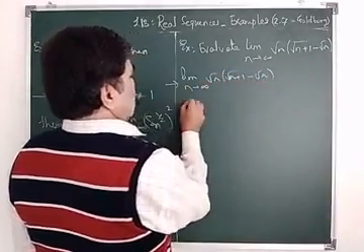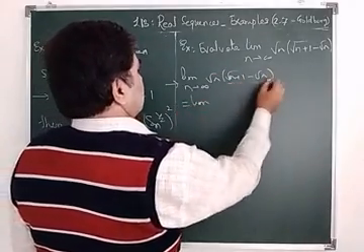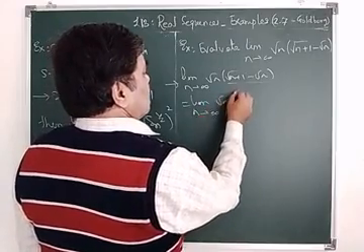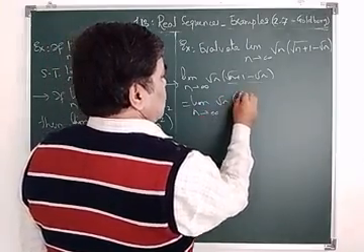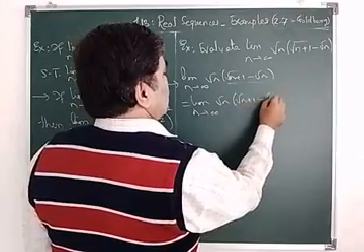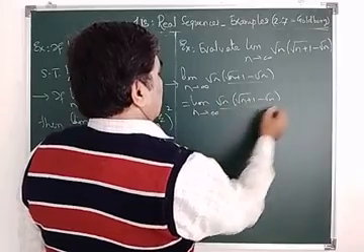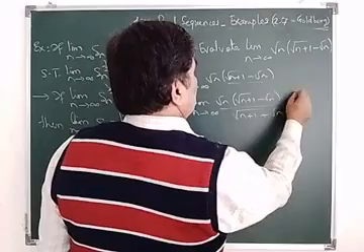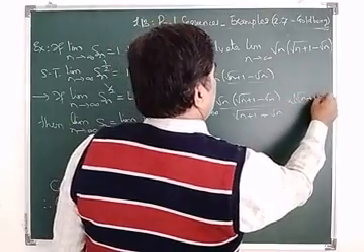Rationalize this part: limit n tends to infinity of root n into root n plus 1 minus root n upon root of n plus 1 plus root n.